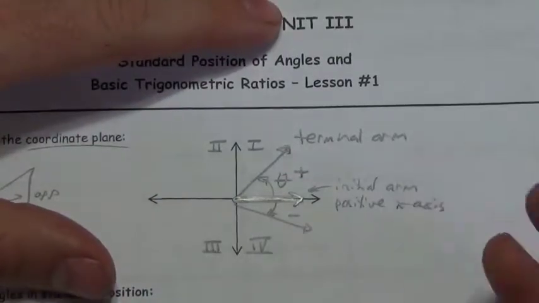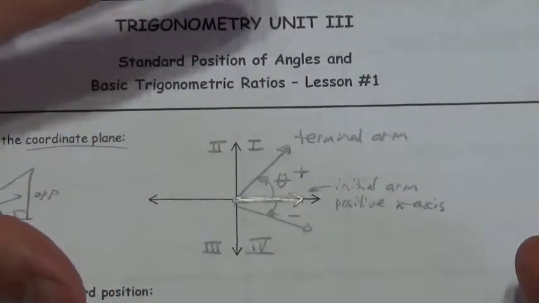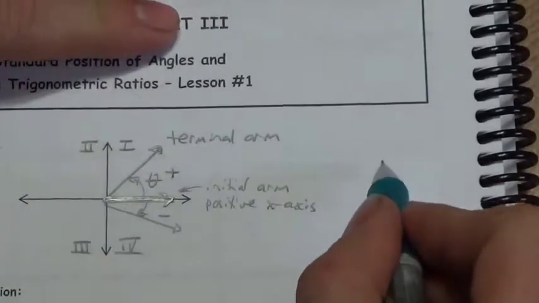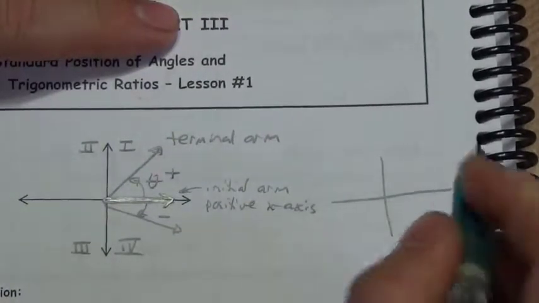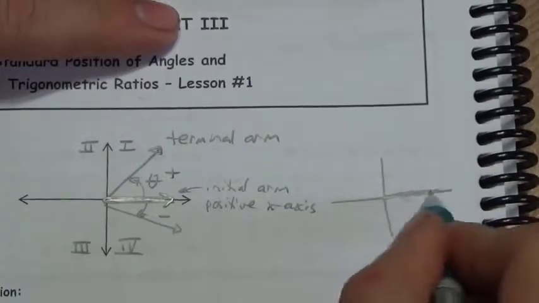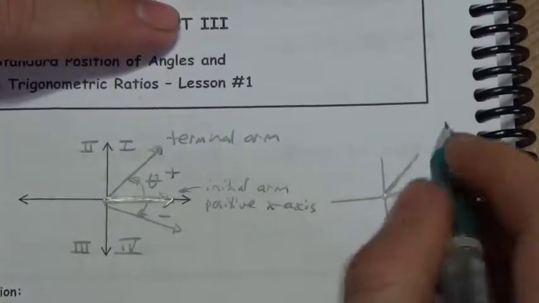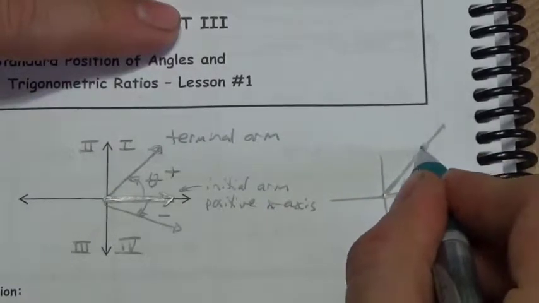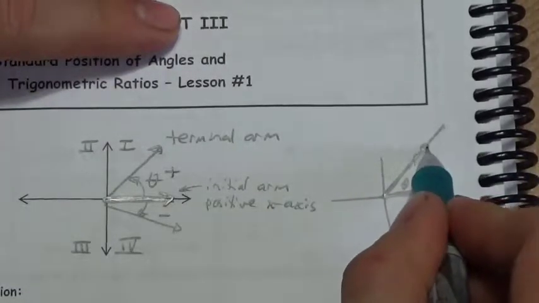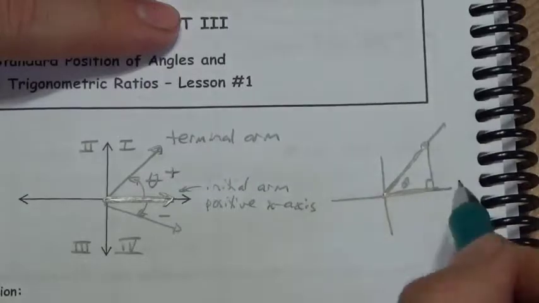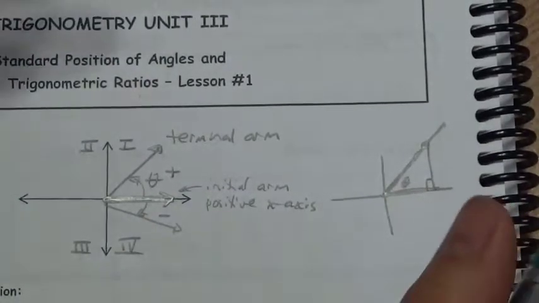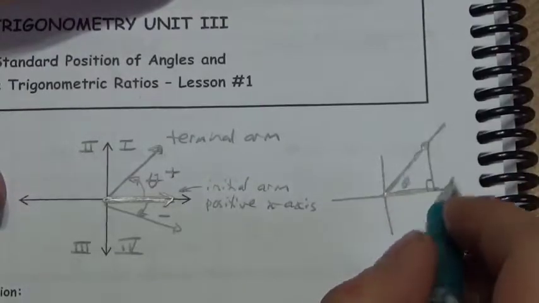Now, we're going to build a triangle because we're still talking about right angle triangles. We're still going to do trigonometry here. So here's what we do. We get our terminal arm drawn out there. Here's our angle theta. Then we take a point on that terminal arm, and to build that right angle triangle, we're going to drop it down to the x-axis.